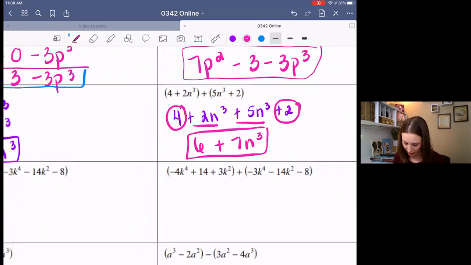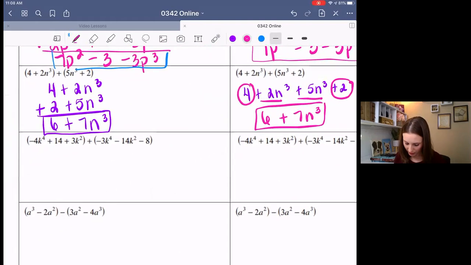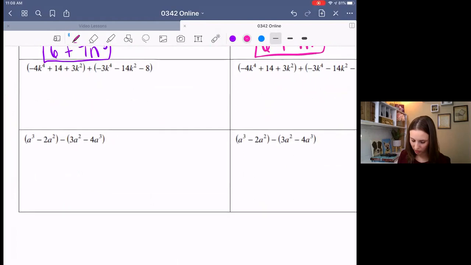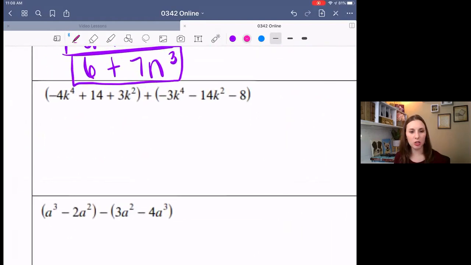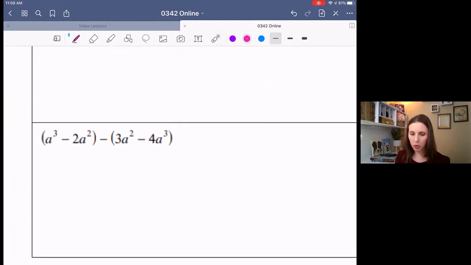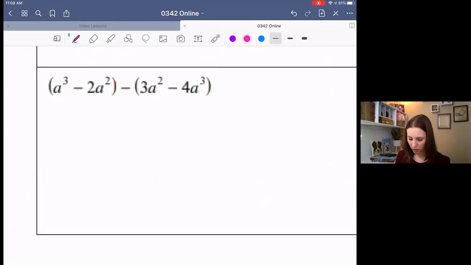So that's adding. I'm going to skip down to subtraction. This next one, it has 3 terms, it's trinomials, but it's the same method. You're going to stack them, add them, super simple. I do want to show you this one though. We have subtraction instead.